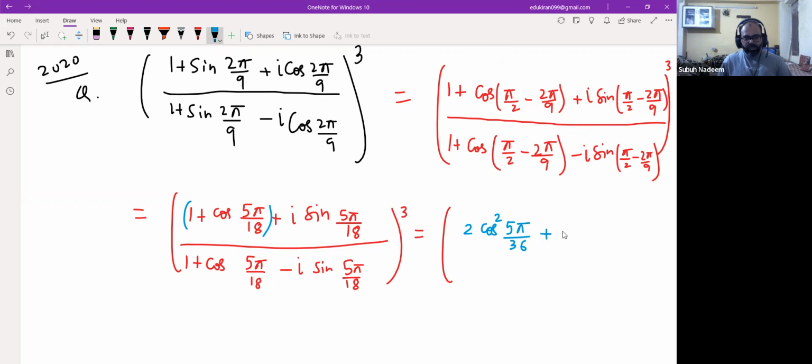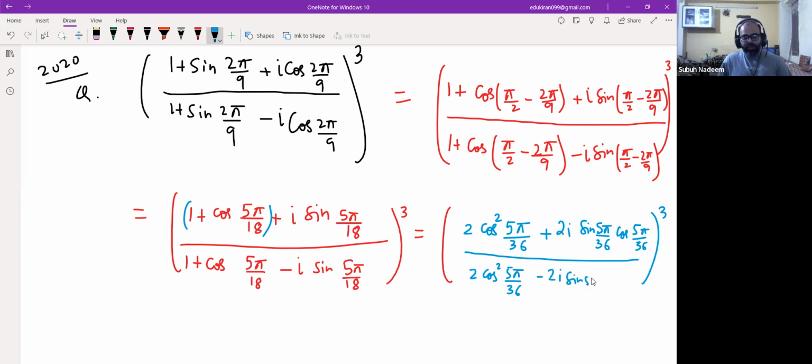And this will become sine 2 theta as 2 sine 5 pi by 36 into cos 5 pi by 36, to the power 3. In the denominator, it will become 2 cos square 5 pi by 36 minus 2i sine 5 pi by 36 into cos 5 pi by 36.